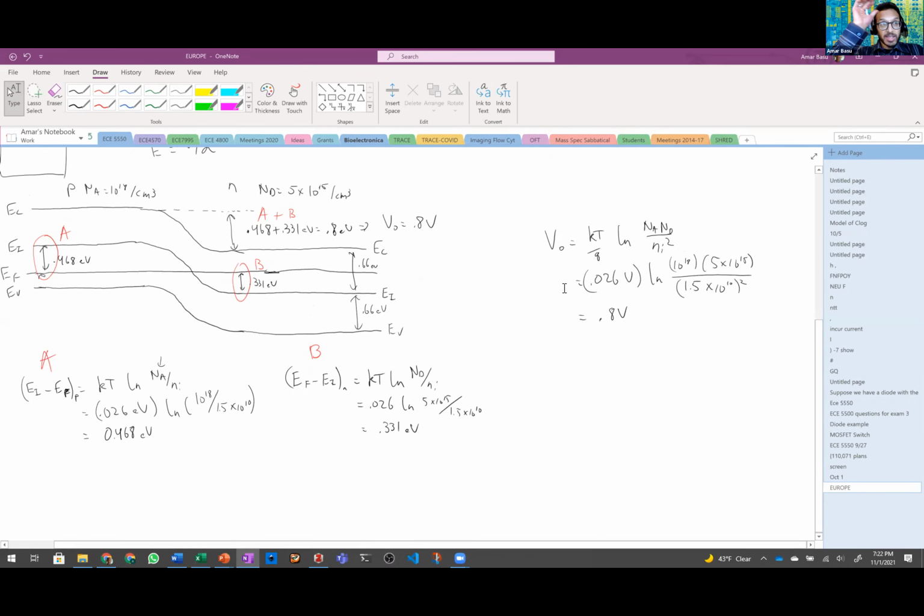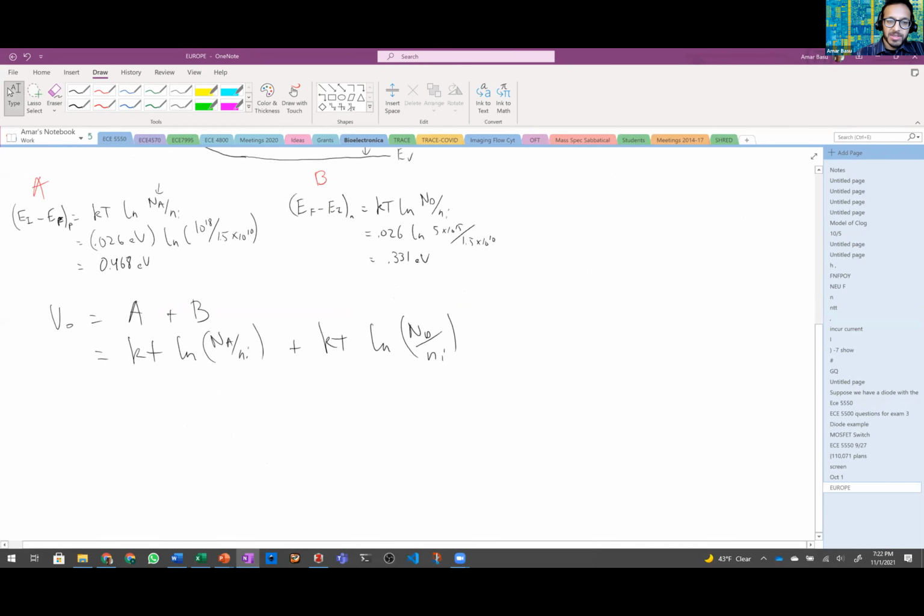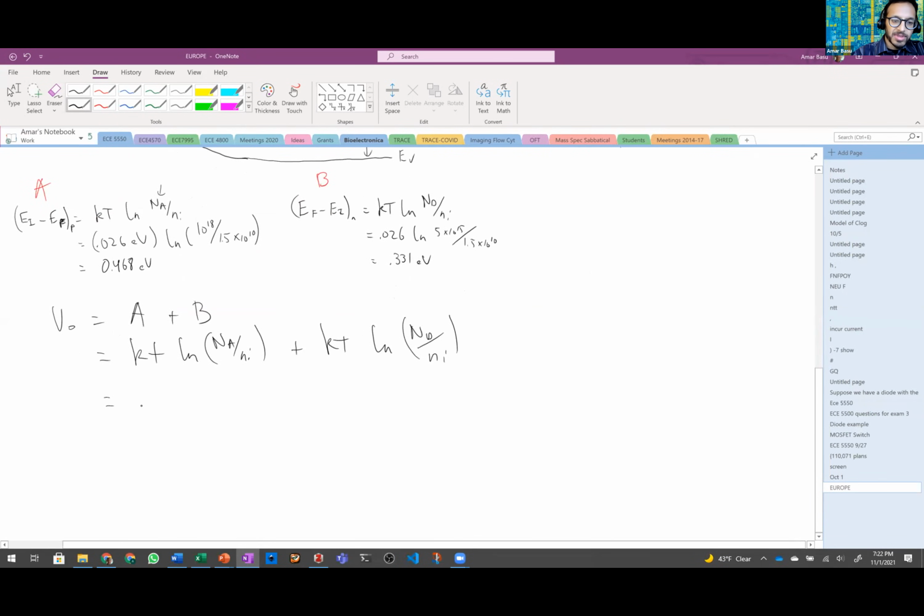The last thing I want to show you real quick is how you can derive this very easily. If this is A on the left and B is on the right, then the built-in potential is equal to A plus B. So this is kT ln of NA over ni plus kT ln of ND over ni. And in just a few lines of math, we can show that it's exactly equal to the same formula.